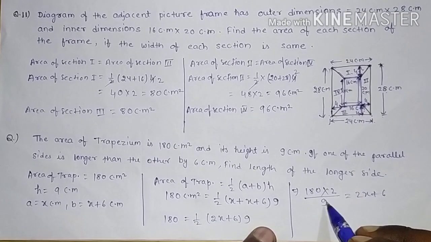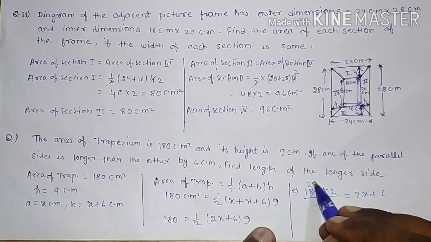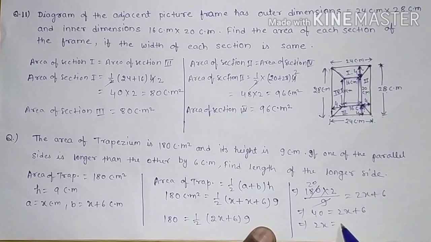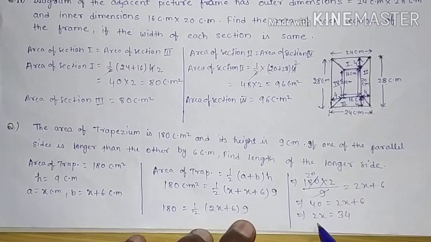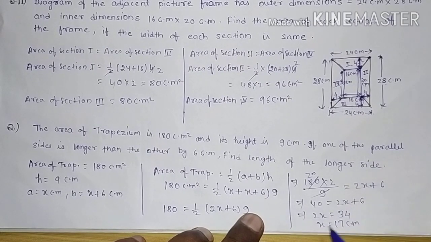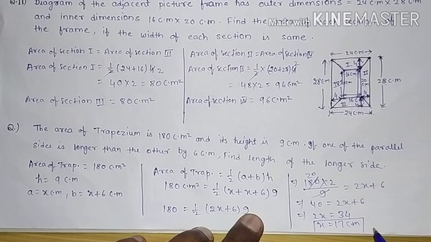Now 9 twos are 18, so 20 into 2, that is 40, equals 2x plus 6. Now 2x equals 40 minus 6, that is 34, and x equals 34 upon 2, that is 17 centimeter. So here x equals 17 centimeter.